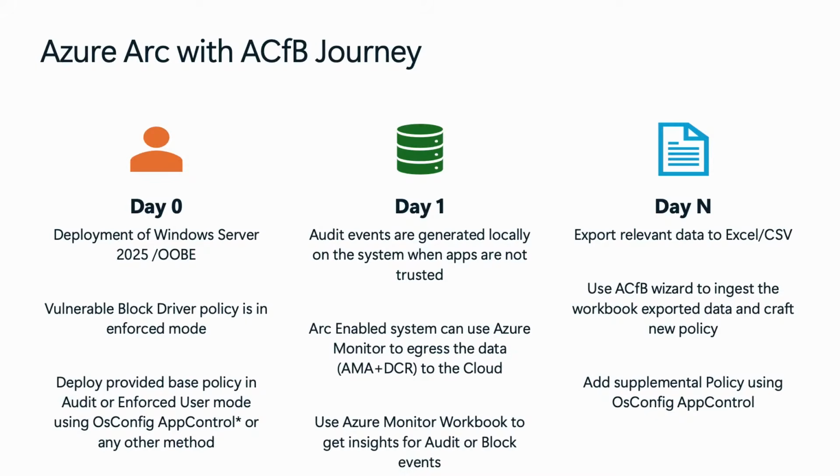Then you can use our crafted Azure Workbook to understand the insights that are going to flow from your devices to Azure. After that, you can ingest that data into the app control wizard to create your supplemental policies. That's basically the whole process from deployment, consumption, and distribution of your supplemental policies that will cover any Microsoft policies and any additional policies that you might want to create.